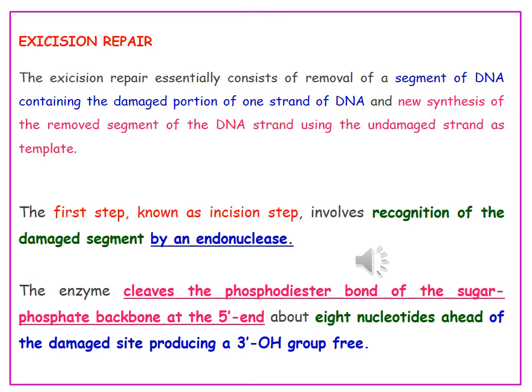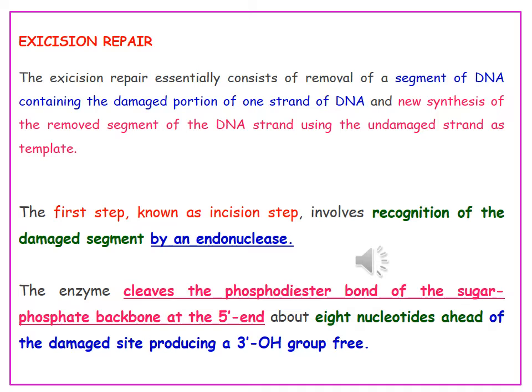Another DNA repair mechanism is excision repair. Excision repair essentially consists of removal of a segment of DNA containing the damaged portion of one strand of DNA and new synthesis of the removed segment using the undamaged strand as a template.